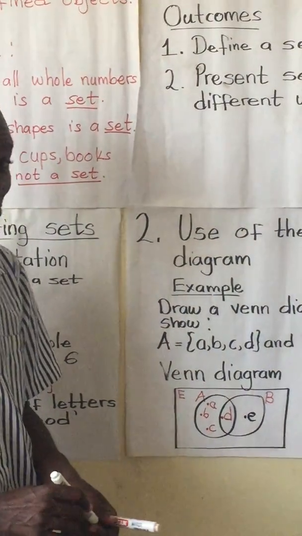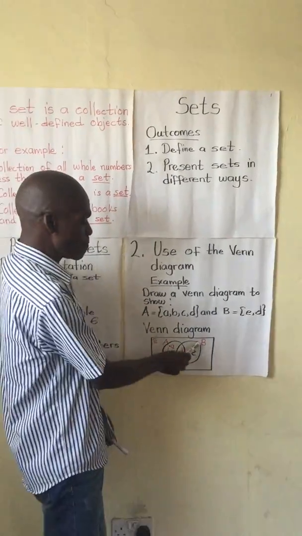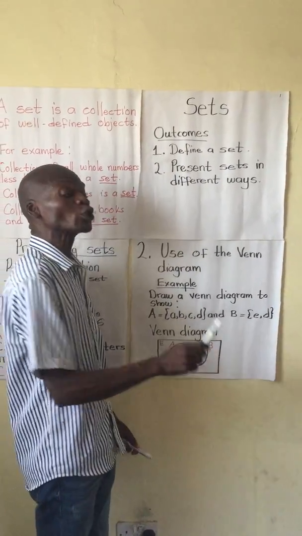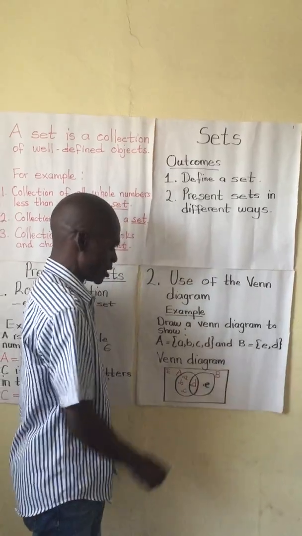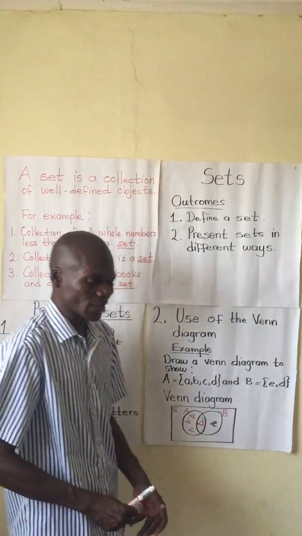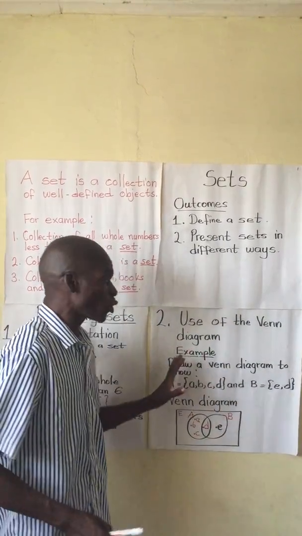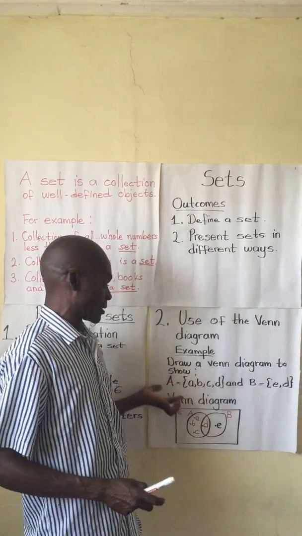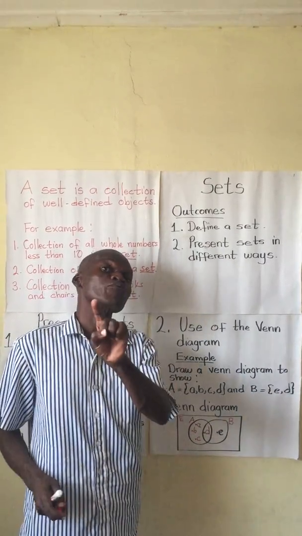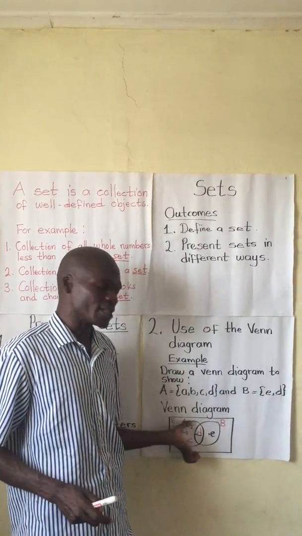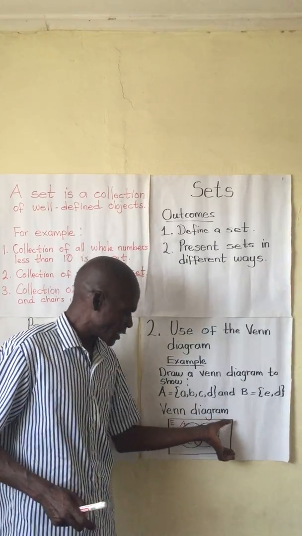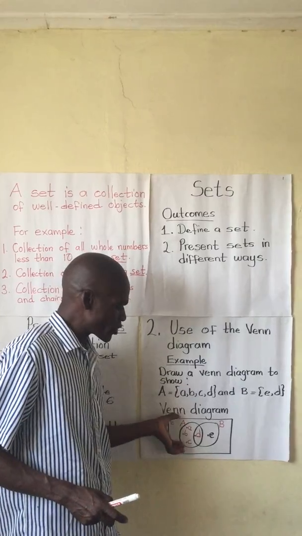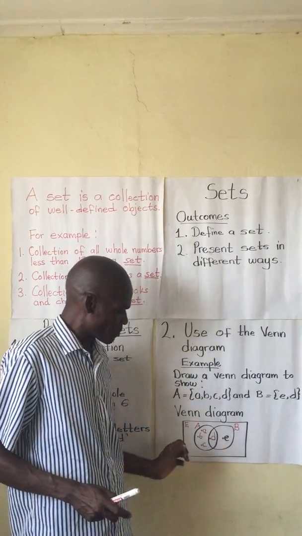So that now is correct. So in B, we've got 2 members: we've got e and we've got d. 1, 2. So this is how you can present these 2 sets in the Venn diagram in this manner.